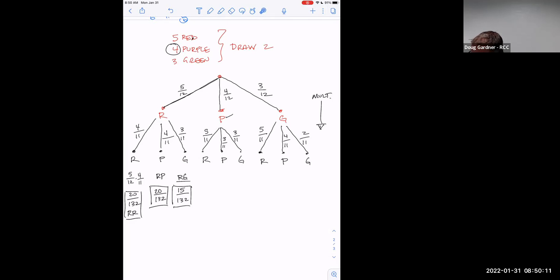So let's keep going. For this next one, if I take 4 out of 12 times 5 out of 11, that'd also be 20. So this would be purple and then red. This is the first time that we've seen this, but do you agree that these two right here are kind of the same exact kind of outcome?